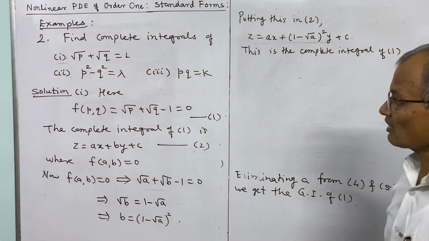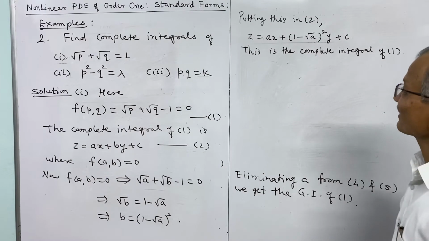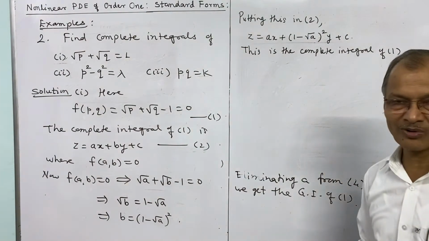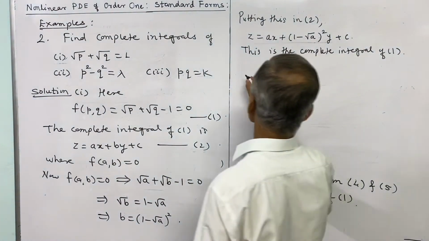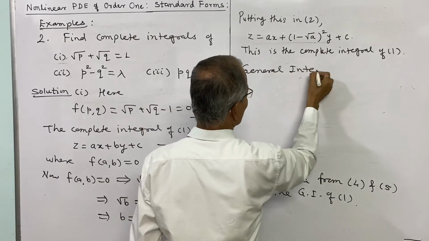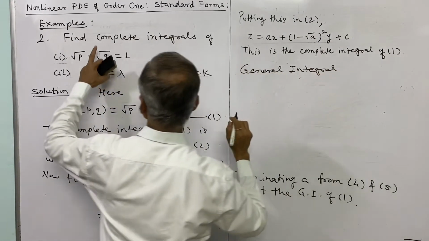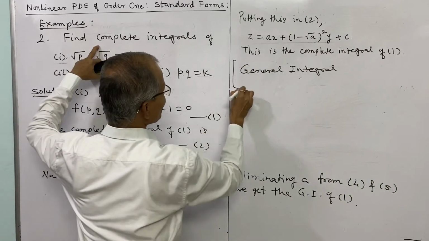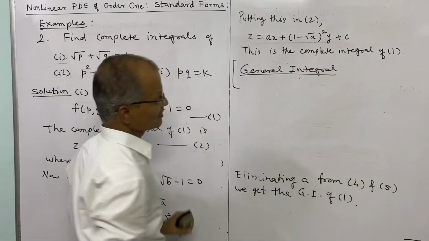Now here it is not asked to find the general integral, but if it is asked, then we know as earlier how to obtain it. If only the complete integral is asked, the answer is sufficient.